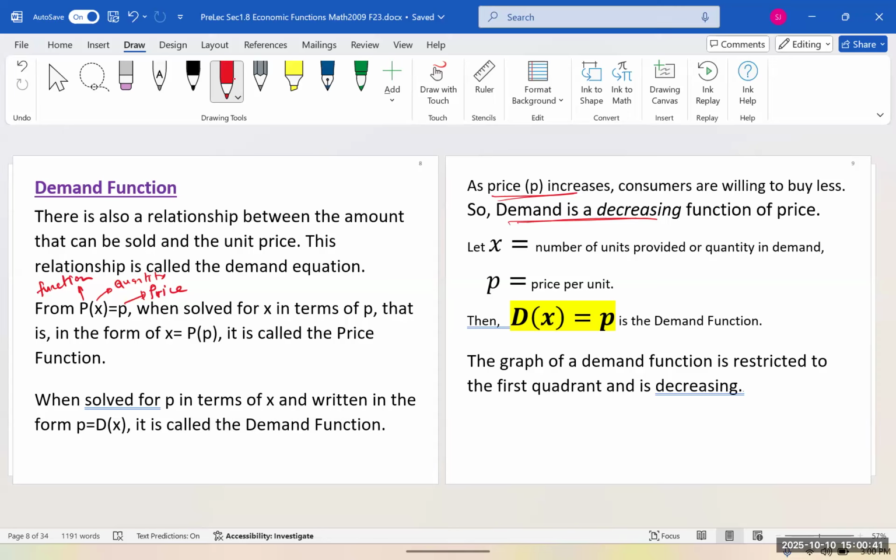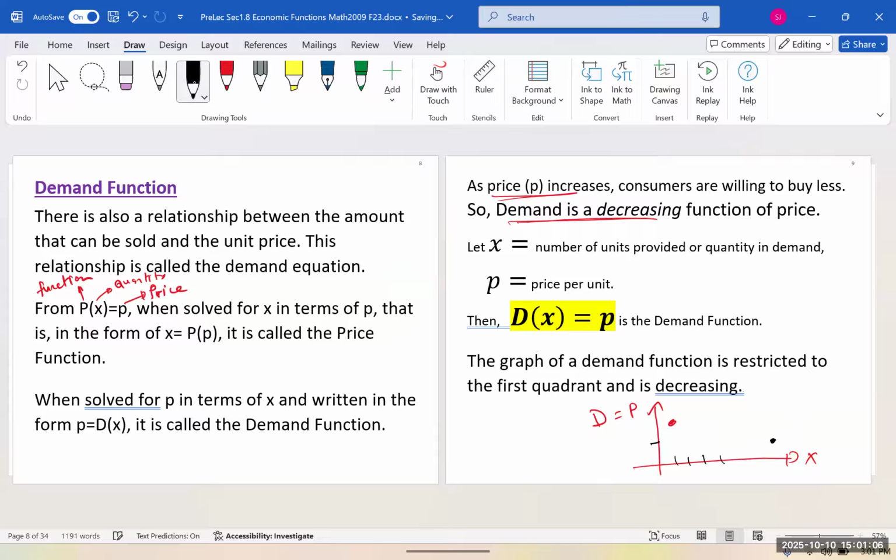The graph of the demand function is decreasing, because think about this: x and p. When you have a high price, you're going to buy less of them. But when you have a low price, you want to buy more of them.